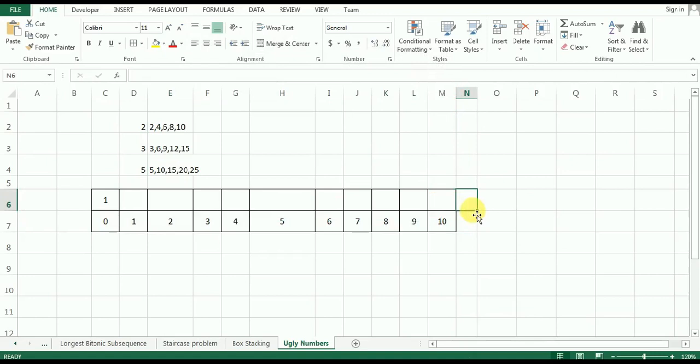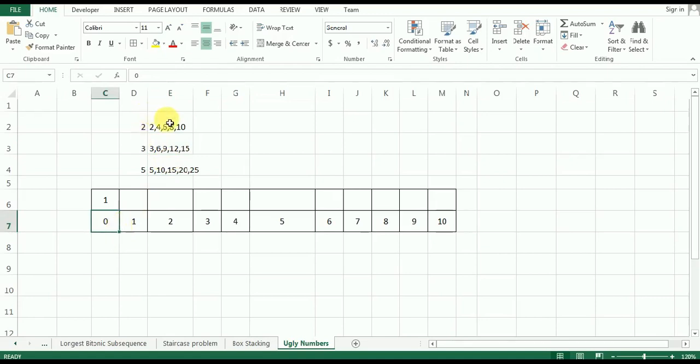So obviously we will store the optimized solution of each of the subproblems in this array. We have to correlate these series over here with this array, and these two are the components which are going to form the solution of our problem.